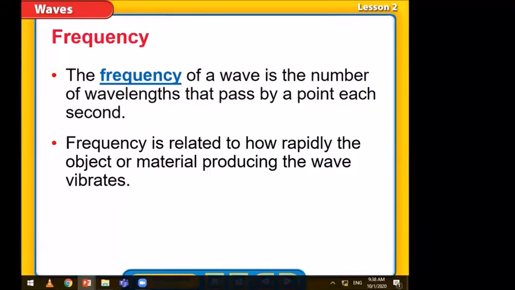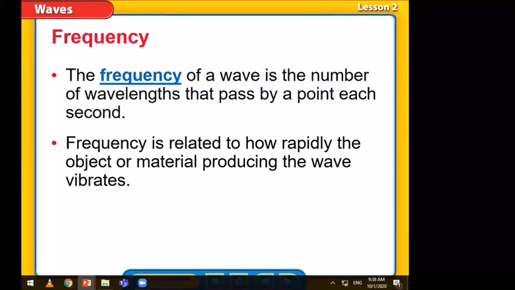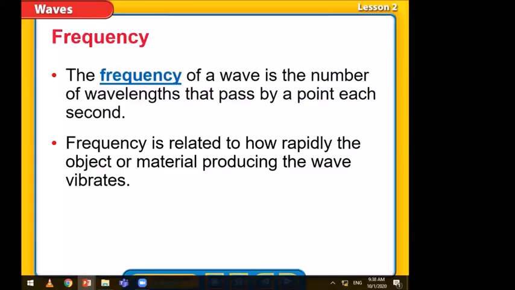You also learned about wavelengths, and we said wavelength is distance, right? Distance will be measured in meters. We'll say 1 meter, 2 meters, centimeters, but of course, it's measured more with meters.